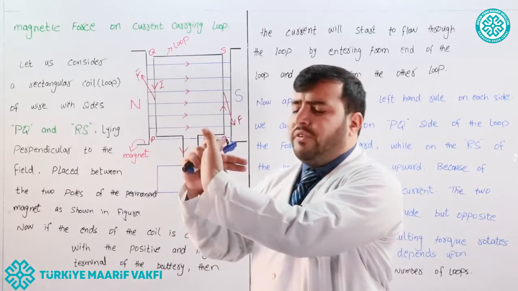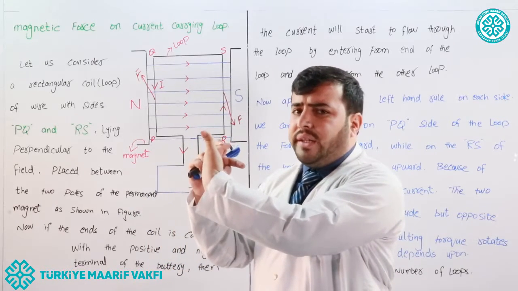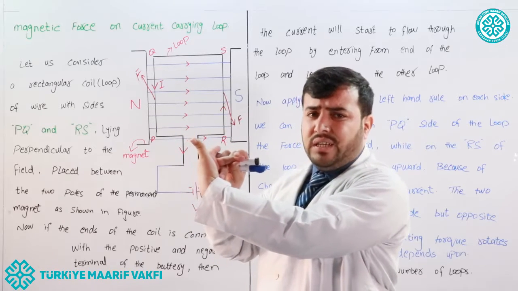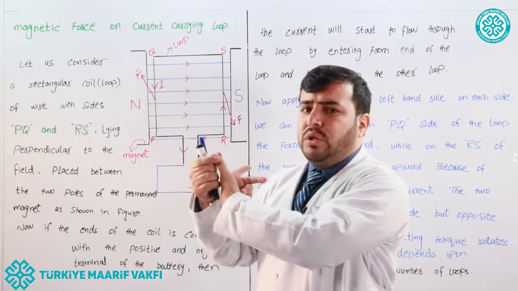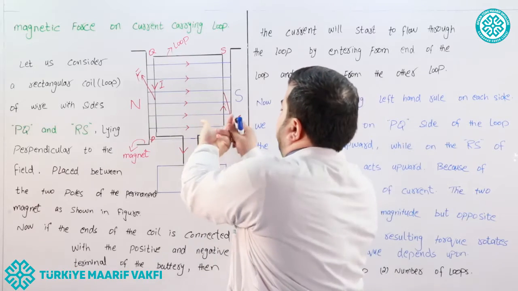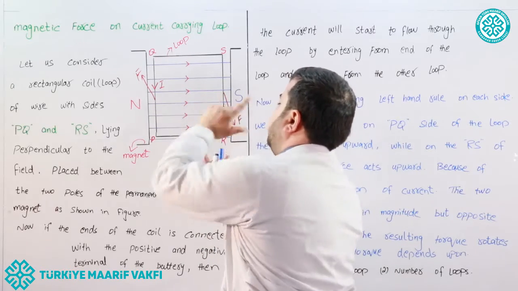Place your first finger or forefinger in the direction of magnetic field lines, the middle finger in the direction of the current, then the thumb will show the direction of the force. So place it here, like it will be like this.